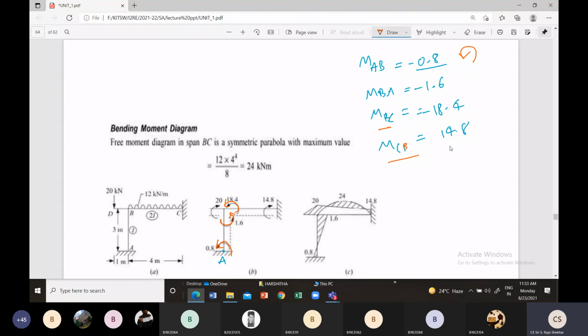MCB is a clockwise moment. Here, because of the applied load of 20 kilonewton, a moment will develop, that is MBD, positive 20 kilonewton meter. So 20 into 1, where this is 1, that will produce a clockwise moment.